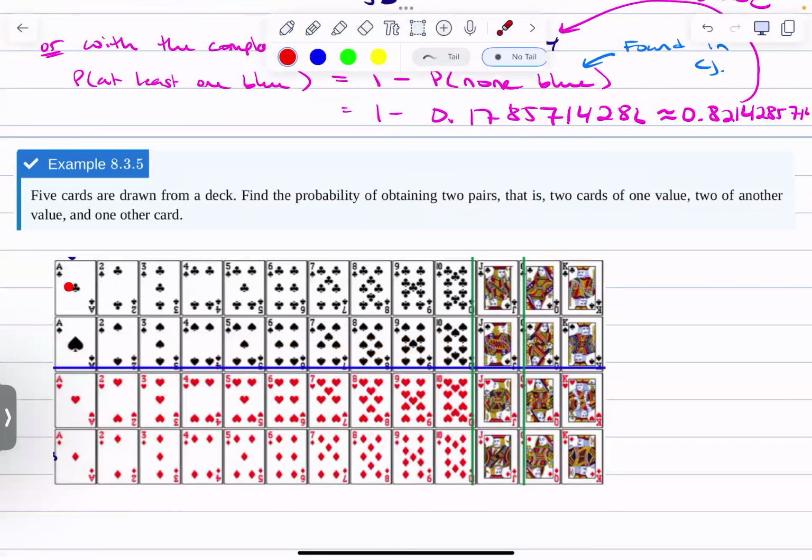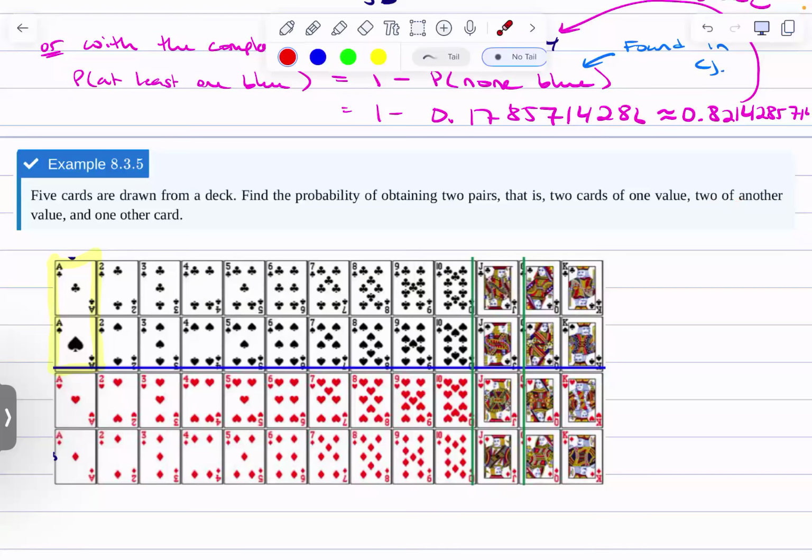So if you're drawing 5 cards, then maybe you have a pair of aces, which means you can't draw another ace as a second pair. We're assuming that the first pair is of one value and then 2 of another value.